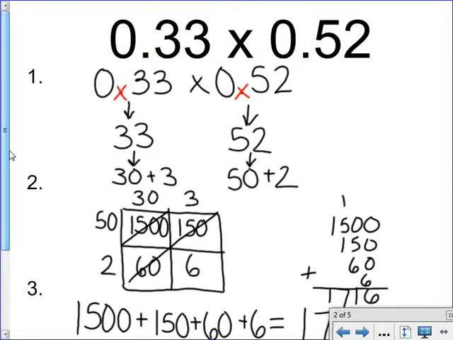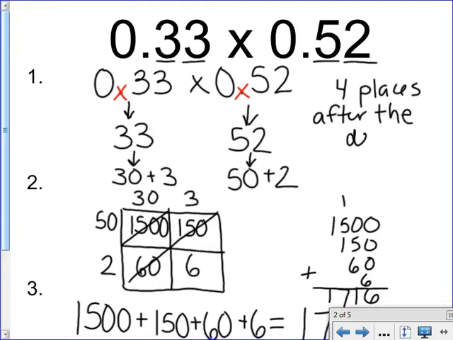Obviously, that number is too big for this problem, so we need to figure out where our decimal place needs to go. In this case, we had 4 numbers that came after our decimal places in the original problem. That tells me that I'm going to move my imaginary decimal from my answer over to the left 4 times.